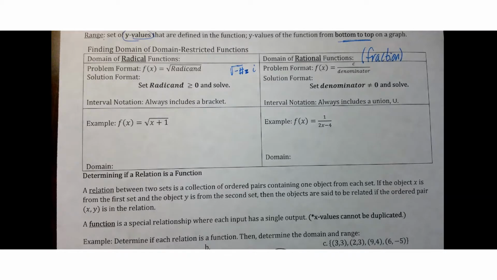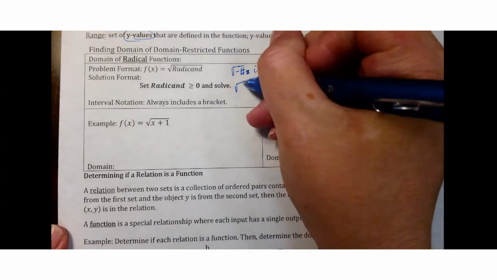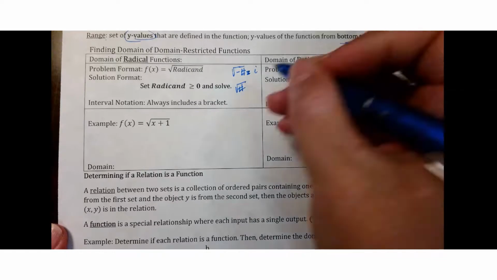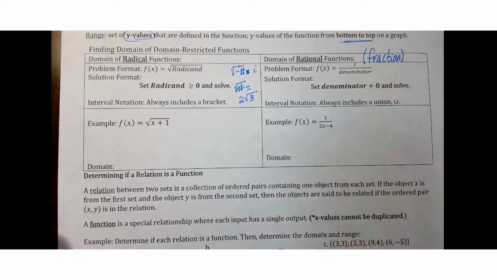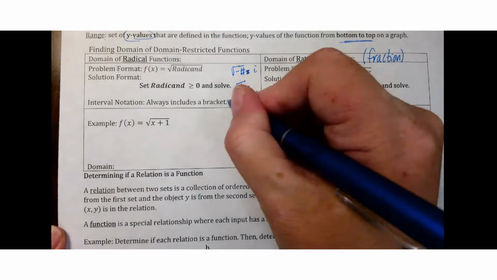So if I can't have negative numbers, that means I can only have positive numbers, because I could find the square root of any positive number, even if that number ends up being like the square root of 3. That's still a real number. I can put that in the calculator and find a decimal approximation. But what about 0? Could I find the square root of 0?